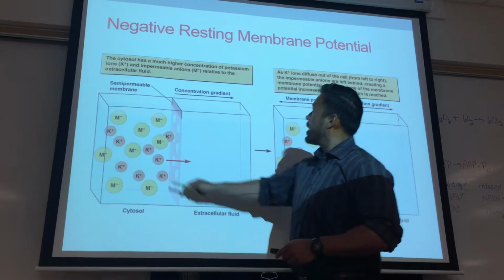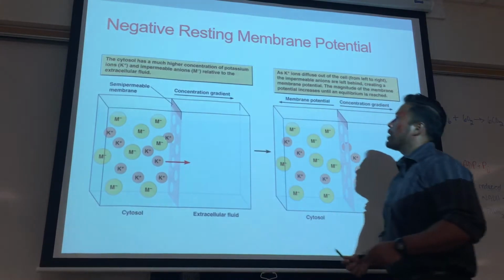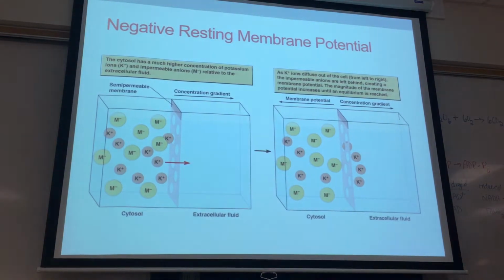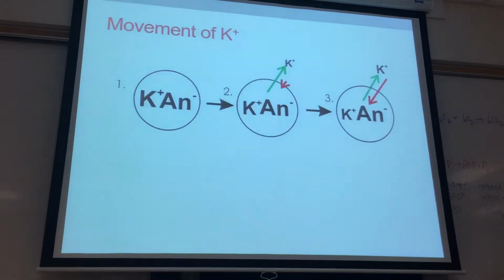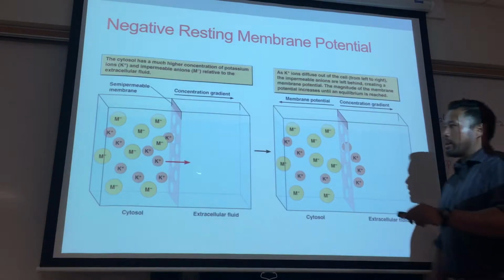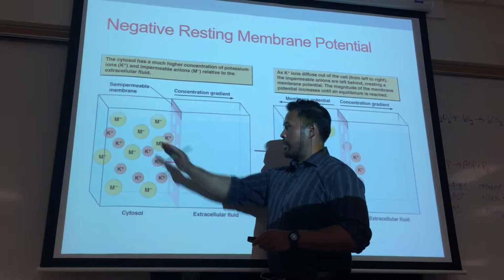And then all these M negatives are the other impermeable anions. What exactly are those impermeable anions? Phosphate ions, proteins, stuff like that. So all the organelles, these are the big things that are in here.